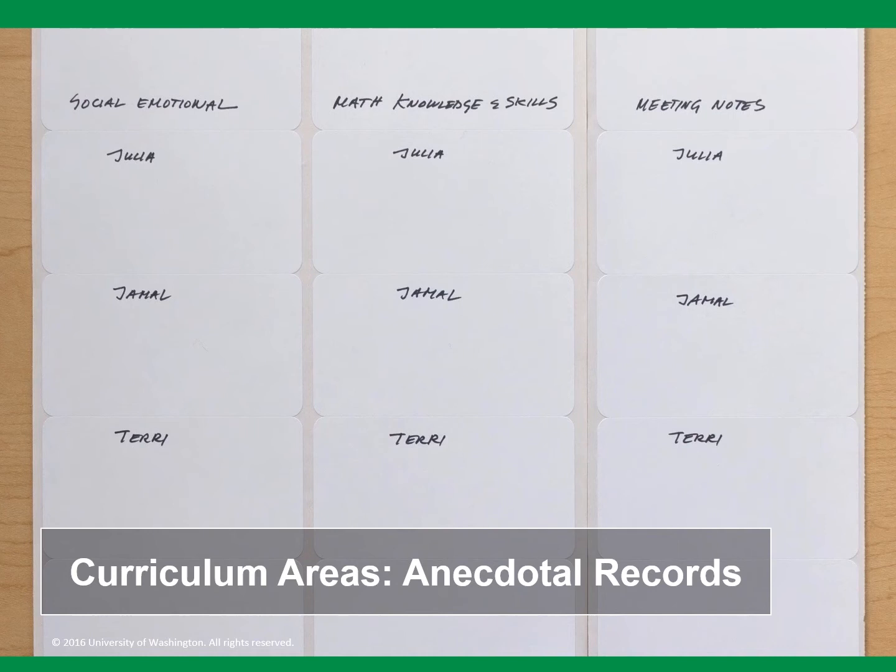After class, the labels are placed in the individual child's portfolio or binder. An important advantage of this recording method is that the pre-printed labels make it easier for teachers to tell whether notes have been collected about all children in all domains. This example shows one way to use labels, but they could be used more like Post-it notes without pre-labeling with names and domains.